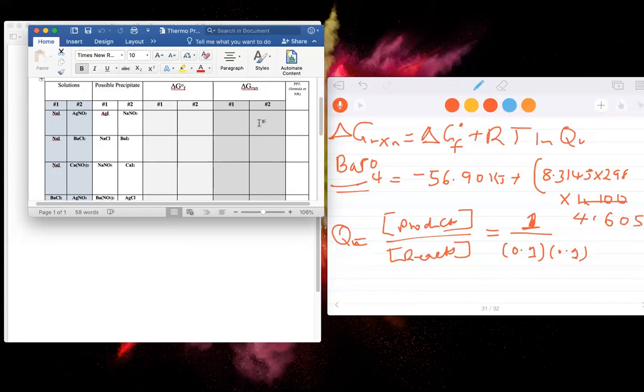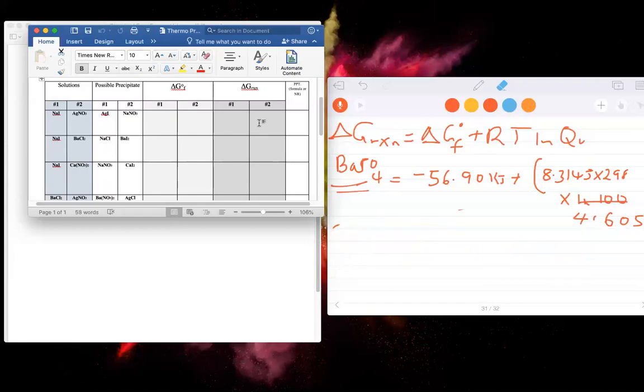So ln of 100, the natural log of that. Let me erase here so that I can have some space. So I know now the natural log of 100.